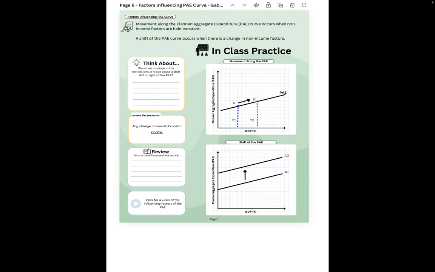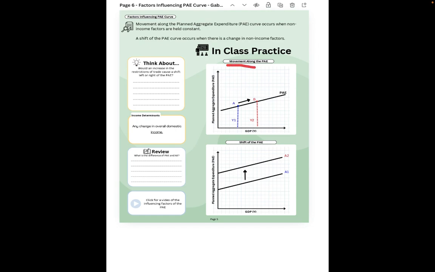My portion of the project was the factors influencing the PAE curve and the inflationary and recessionary gaps. To begin, movement along the planned aggregate expenditure curve, or the PAE curve, occurs when non-income factors are held constant. A shift of the PAE curve occurs when there is a change in a non-income factor.